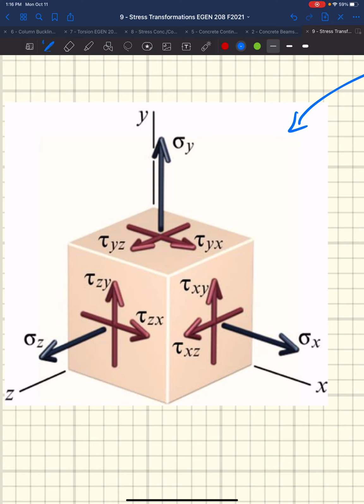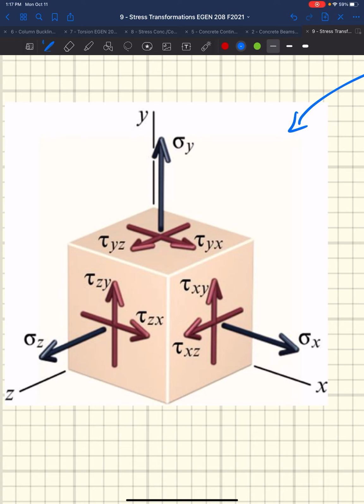We have then our shear stresses. The nomenclature for this is we have tau yx. Tau yx is the shear stress on the y face acting in the x direction. Tau yz is the shear stress on the y face acting in the z direction.